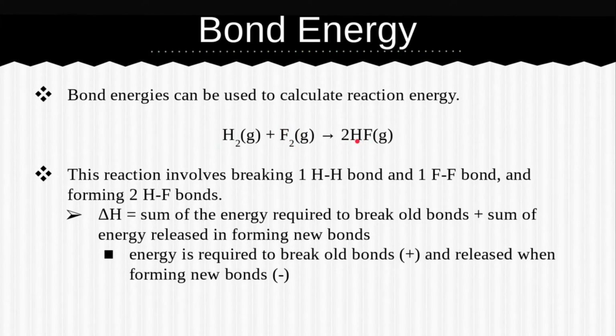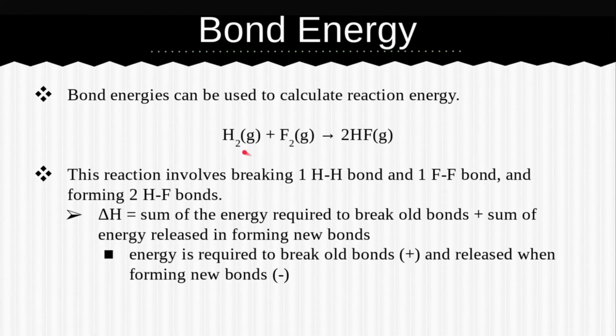And then we're going to form two HF bonds because there's two hydrofluoric acids over here. So we can calculate this by taking the energy required to break these old bonds on the reactant side, and then finding the energy released when we form these new bonds.